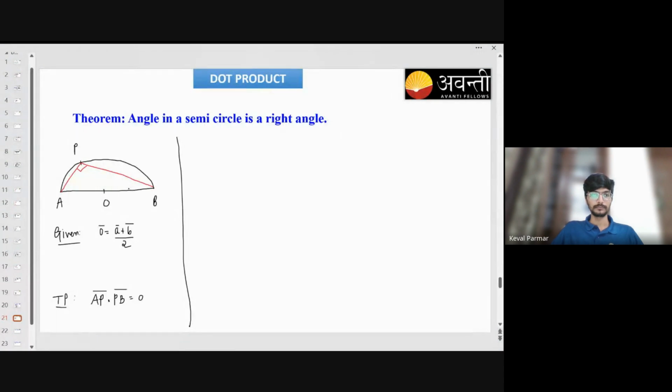Also, this is B bar, this is A bar. Let's write the proof, or you can say LHS. LHS is AP bar dot PB bar.